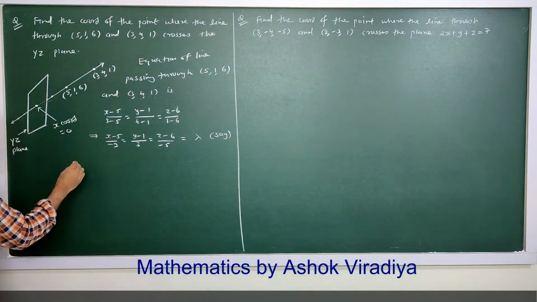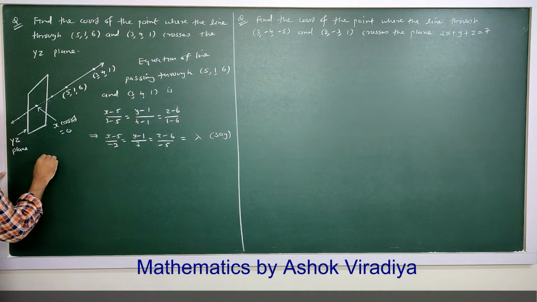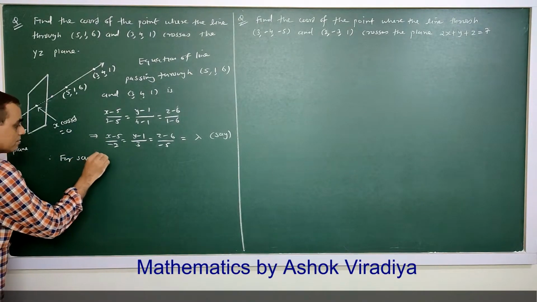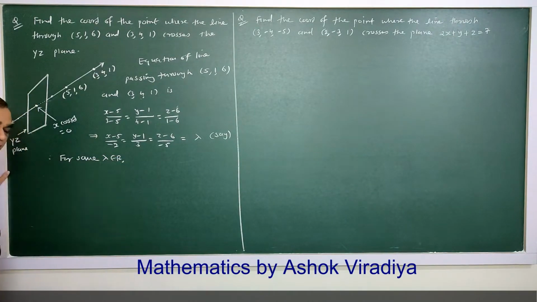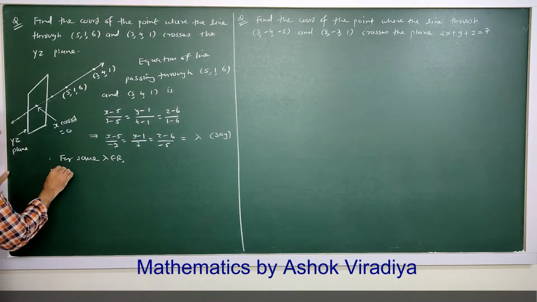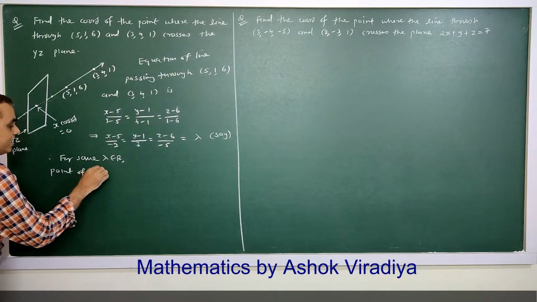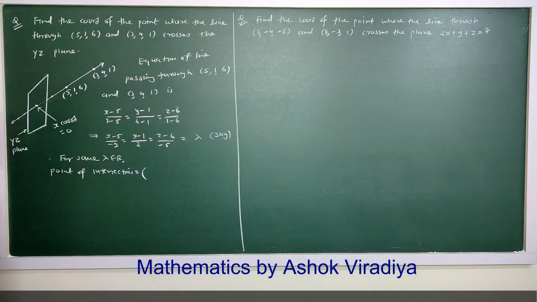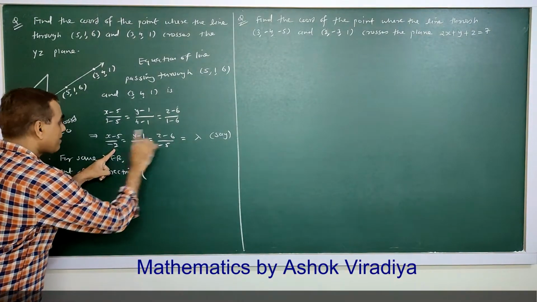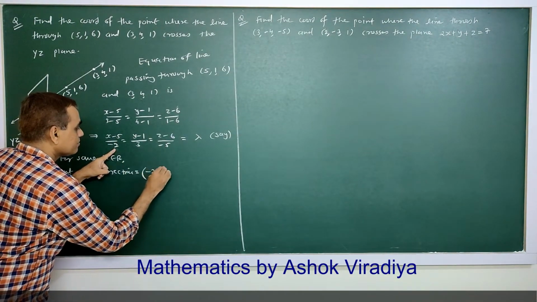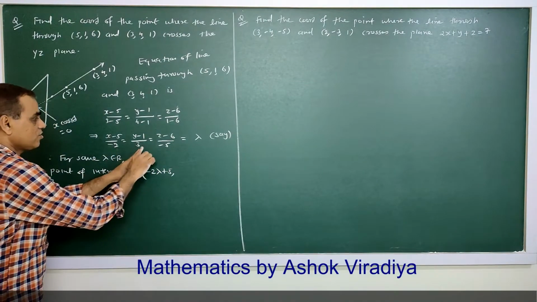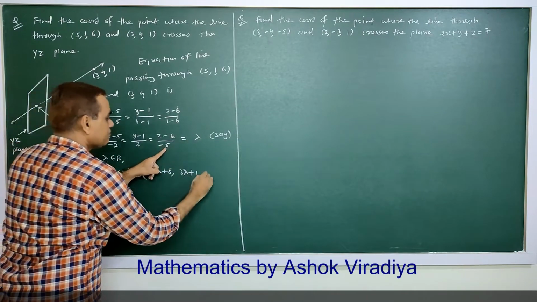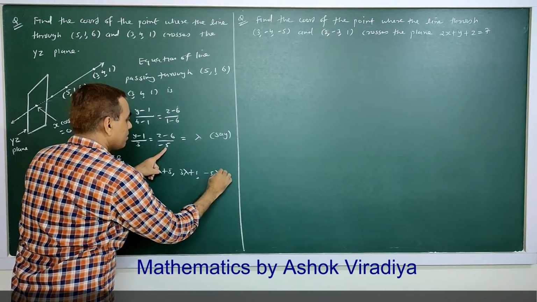So therefore we can say for some particular value of lambda, the point of intersection can be taken as (minus 2 lambda plus 5, 3 lambda plus 1, minus 5 lambda plus 6).